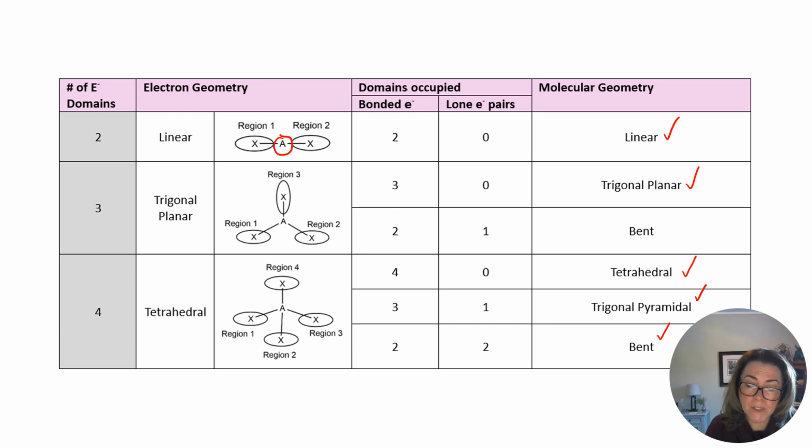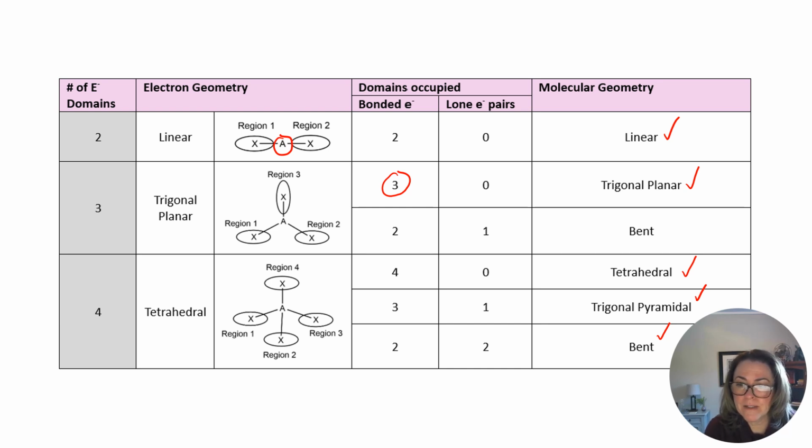With something that is trigonal planar, I am going to have what I'm going to call 3 electron regions around that central atom. Now, if all of those regions are bonded, so that means I have 3 atoms around that central atom, that is going to give me a trigonal planar molecule.